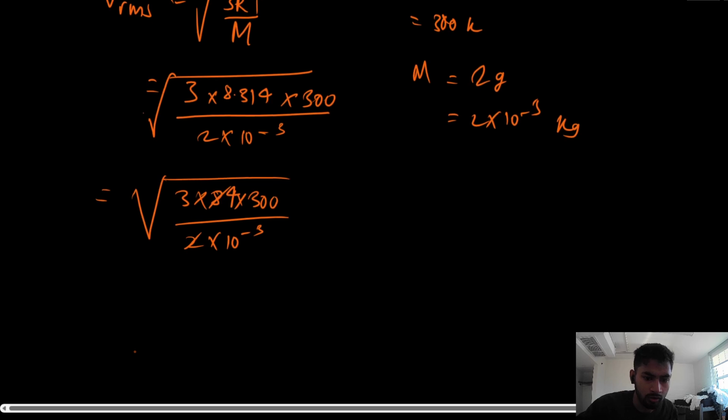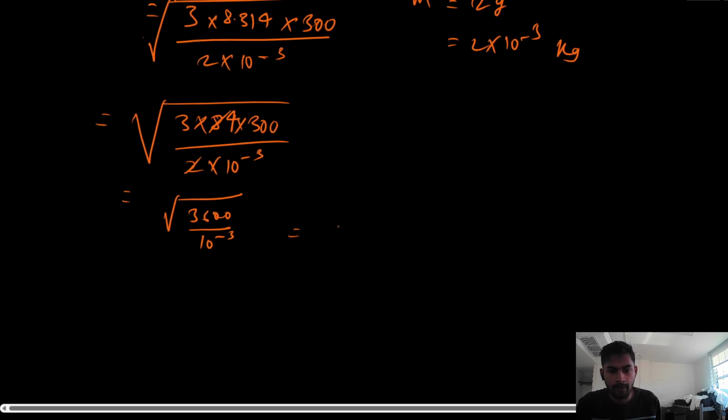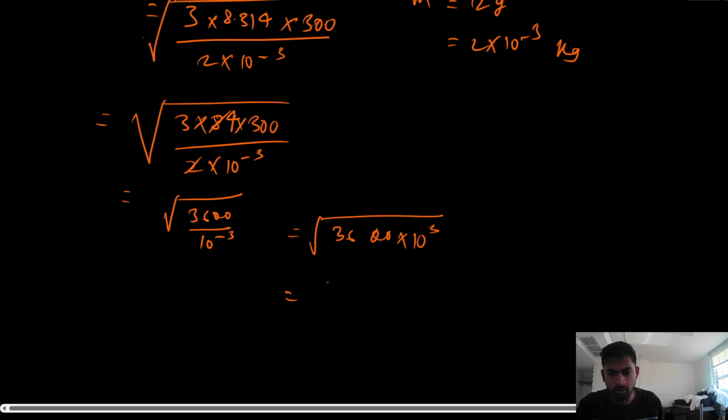Again, 4 3s are 12, 36 hundred by 10 to the power minus 3, which should be 3600 times 10 to the power 3, which is basically 3.6 times 10 to the power 6, which is more or less compared to 1.